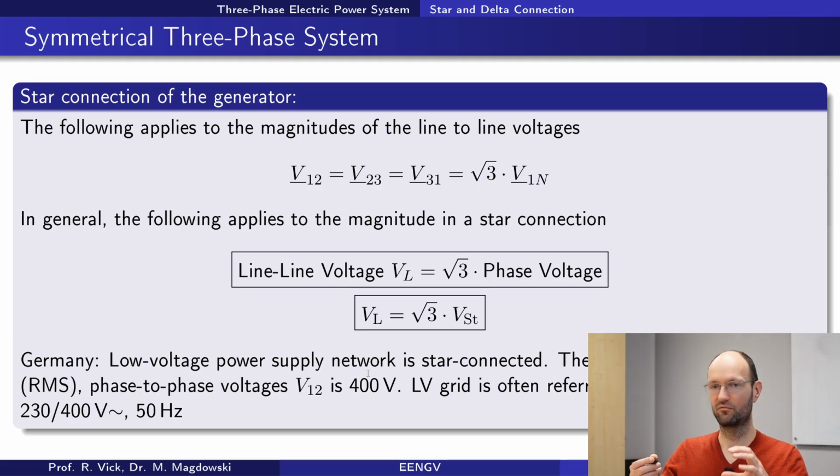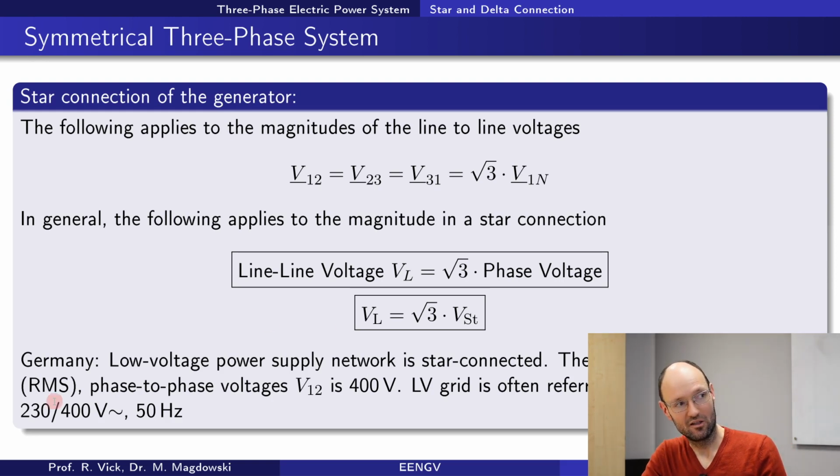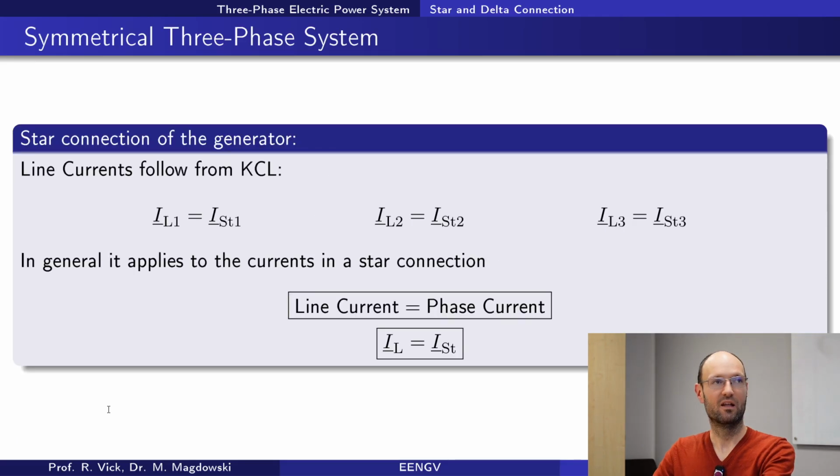So if you have, unfortunately I don't have something here, but if you have a power outlet for a three-phase system, depending on how you connect wires there, you can get 230 volts RMS, or you can get 400 volts RMS from the same power outlet. This is also an important advantage of these three-phase AC systems.